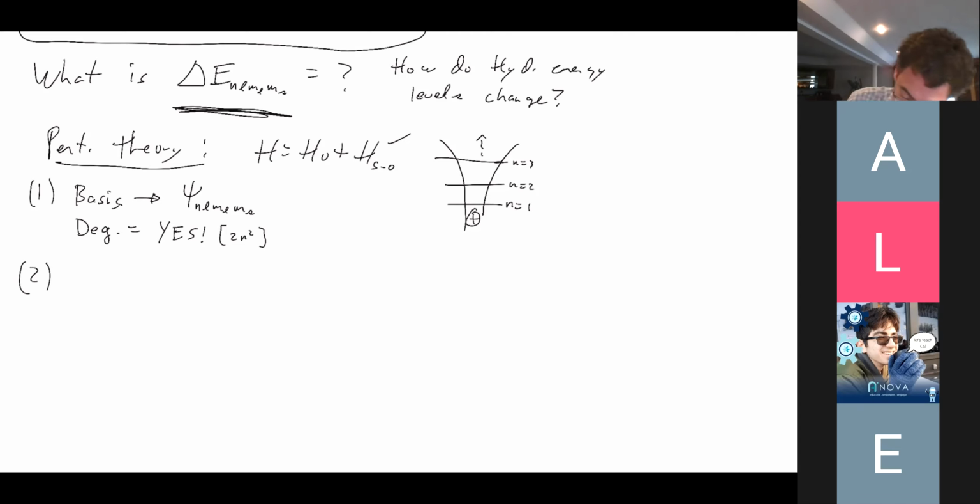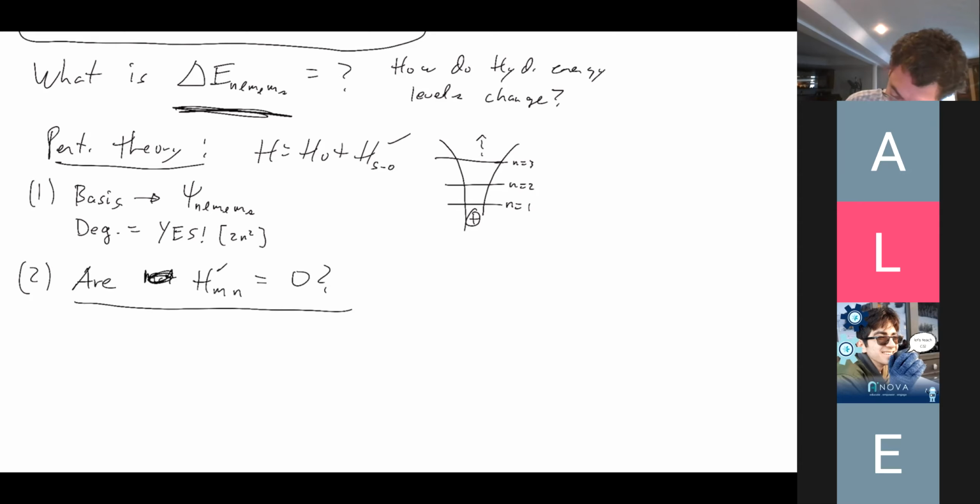Exactly. Are the matrix elements H prime, M, N equal to 0?